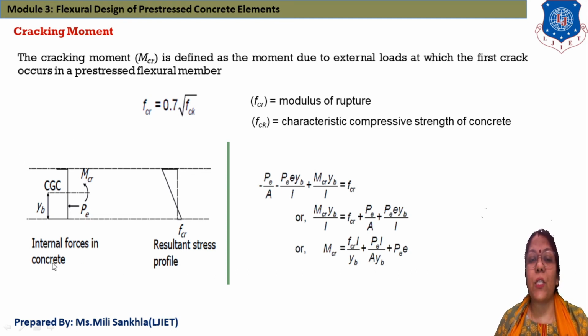This is the condition of internal force in concrete. Because of this pre-stressing force that we apply on a pre-stressed concrete member, there will be possibility of developing cracking moment, and this cracking moment is developed here. Now two possibilities are there.